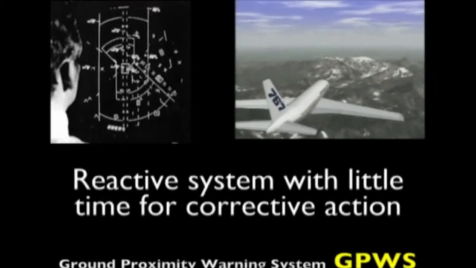Before TAWS, GPWS was the last safety net we had, because GPWS only considered the space or lack of it between the aircraft and the terrain below. It's a completely reactive system, and when you hear the warning voice, time is very short to take action and avoid the terrain.